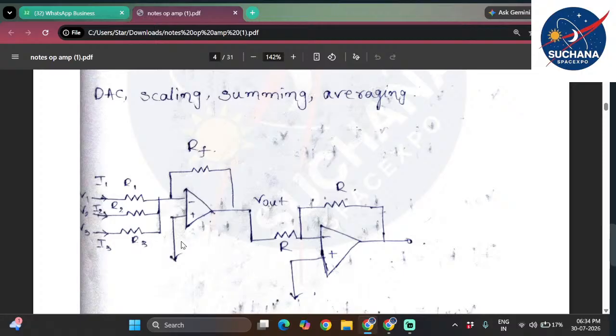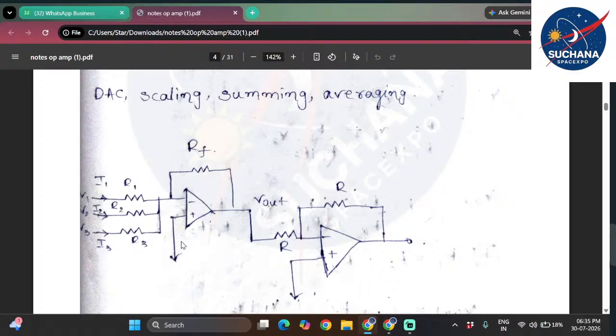Offset arises because of imperfection in the fabrication, due to limitations, less accuracy and low precision. So due to fabrication issues, these offsets arise, classified into positive offset and negative offset. To prevent this offset, an additional resistor is placed, which is called the compensation resistor.